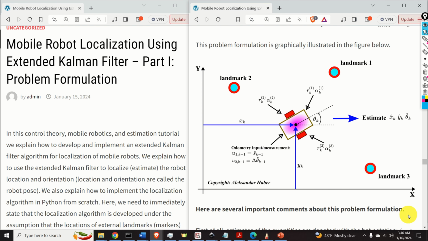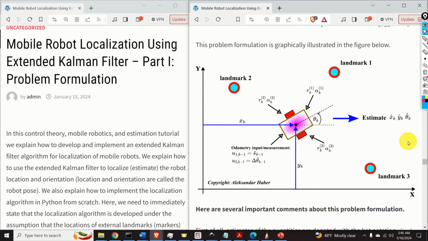Here, we need to immediately state that the localization algorithm is developed under the assumption that the locations of external landmarks, shown over here, are known, and that the landmark measurement correspondence is also known.